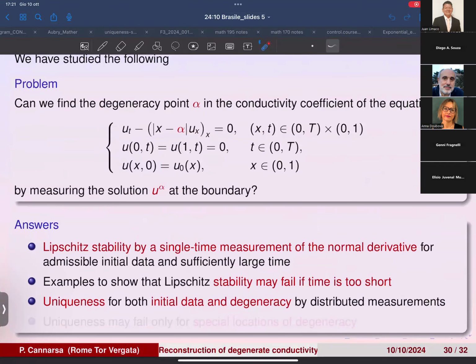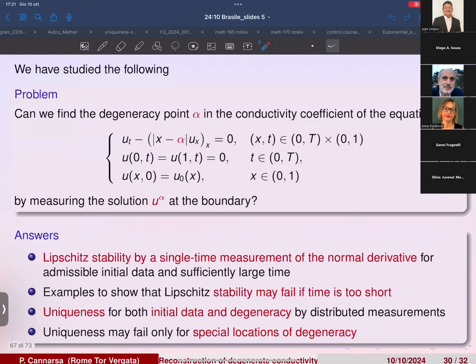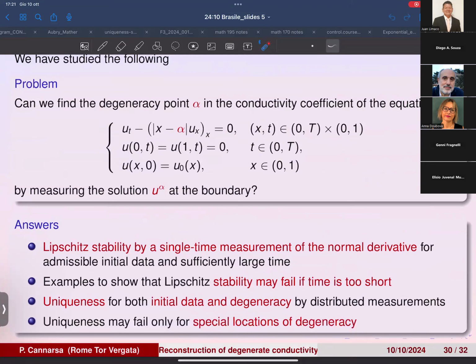Then we have seen a uniqueness result for both the initial data and the degeneracy point with a distributed measurement of the normal derivative. And again, even in this case, uniqueness may fail only at spatial locations related to the zeros of the Bessel function, so transcendental numbers.